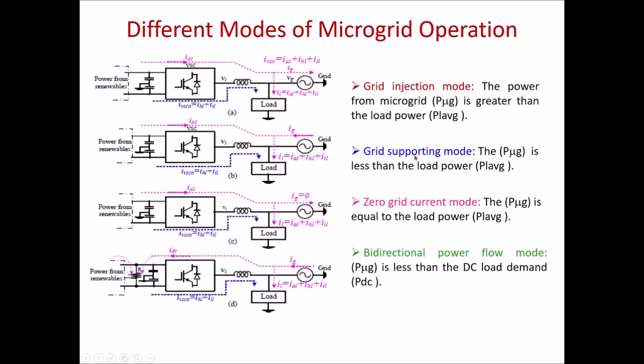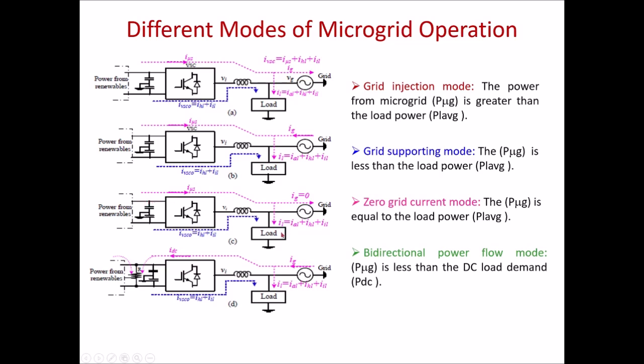So in case of grid supporting, the power perhaps from the microgrid is not enough. So this power is shared between the microgrid and the grid. You can see here. Okay. And similarly for the third one, which is called zero current mode, there is no current from the grid, but still grid is there, the presence of grid is there, and the real power is supplied from the microgrid to the load.